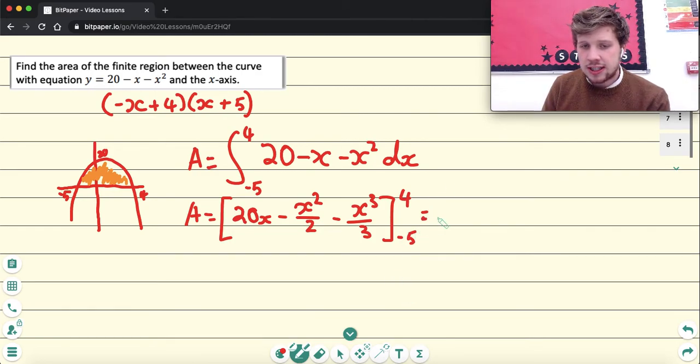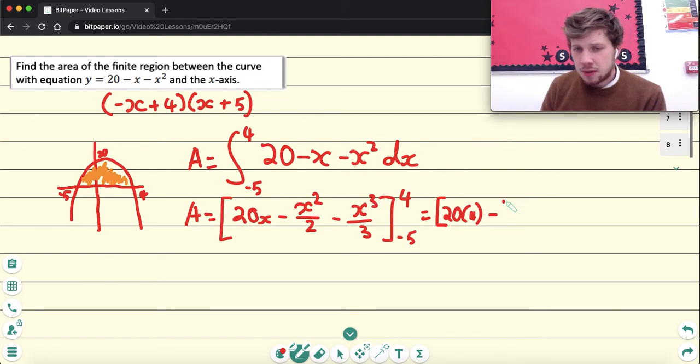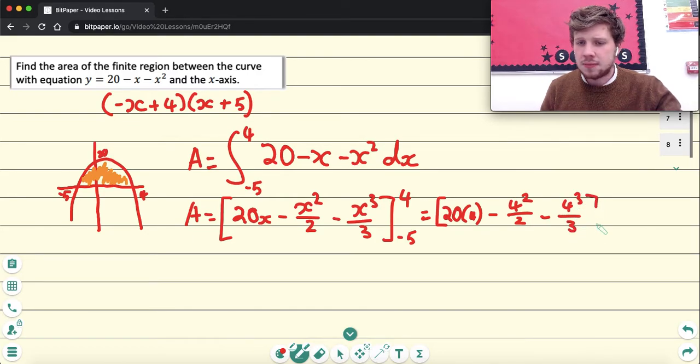So substituting in, 20 lots of 4, subtract, well, 4 squared over 2, apologies for that, 4 squared over 2, and 4 cubed over 3.